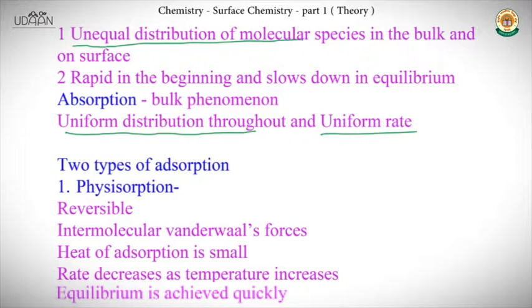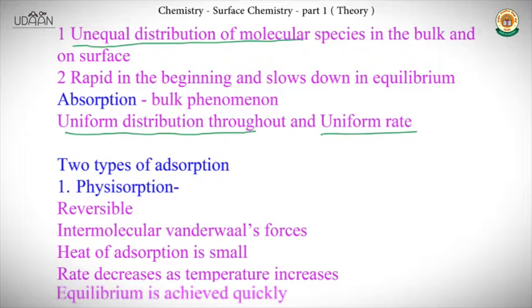Physisorption is reversible and chemisorption is irreversible. A reversible process is one that can revert back to its original form if I change conditions like temperature and pressure. So the molecules can be separated from the surface by changing some physical conditions.